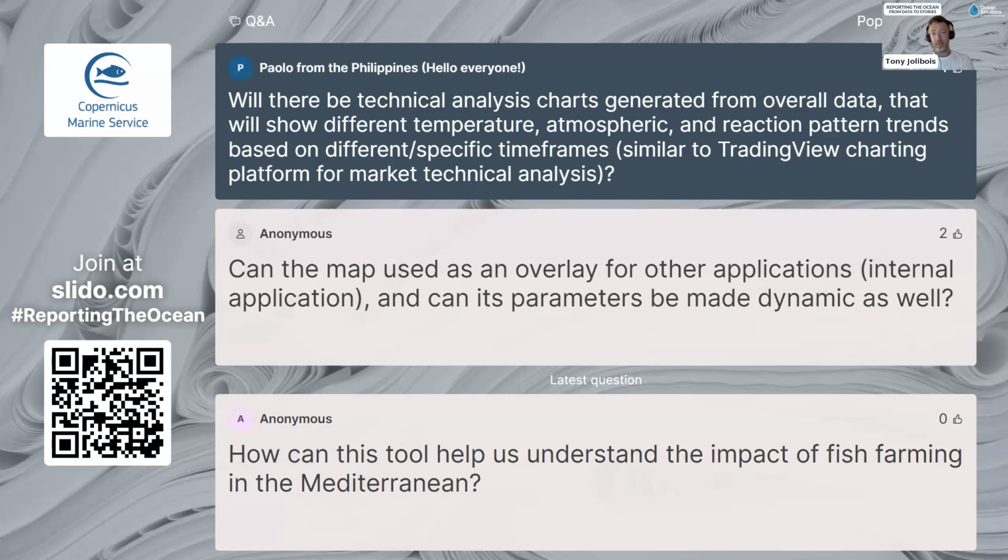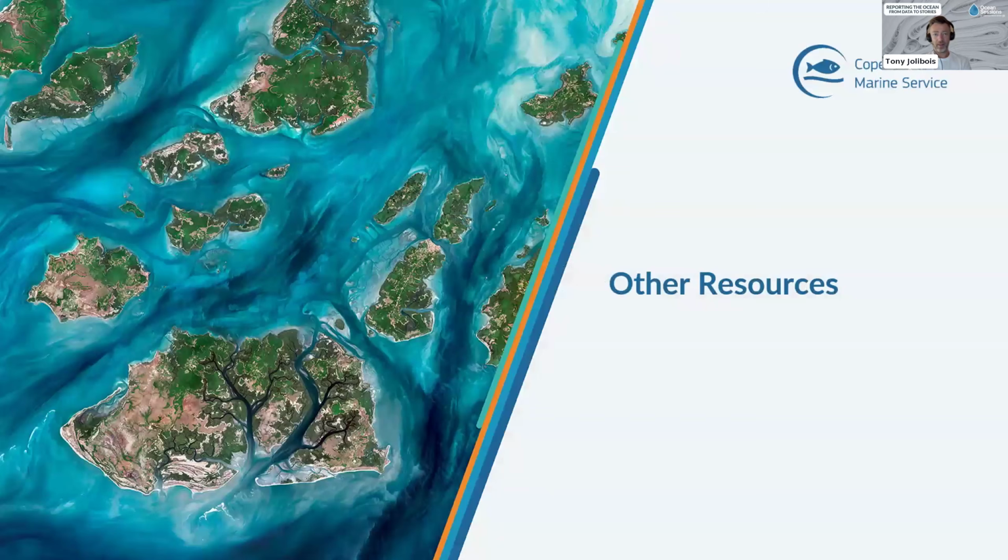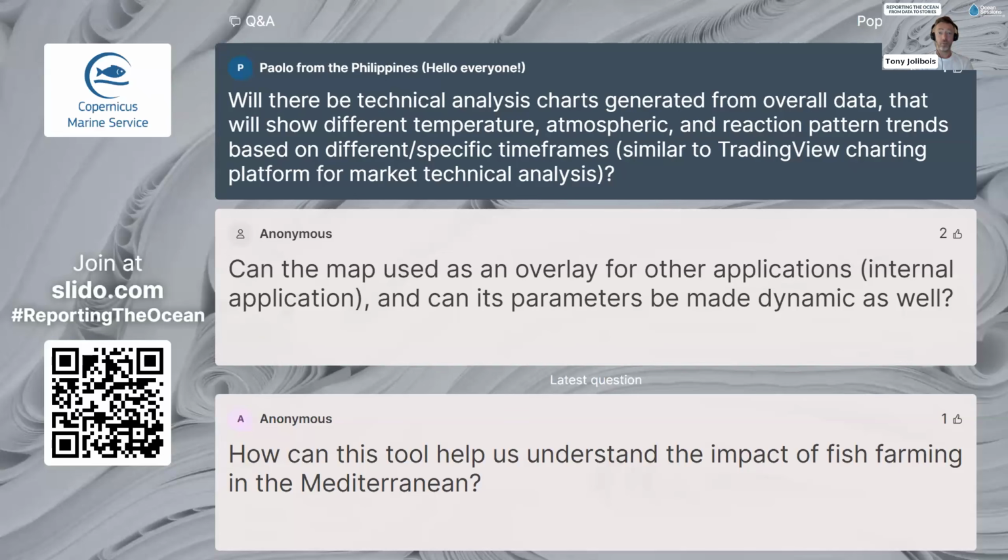So yeah, we have a lot of data like that. We don't address atmospheric measurement since it is through the Copernicus Atmosphere and Climate service.